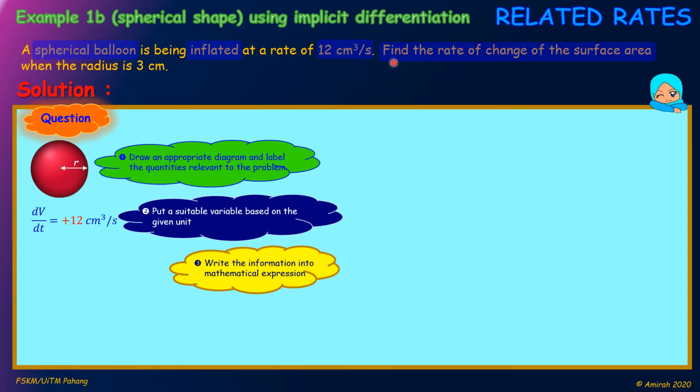So the question is find the rate of change. Rate here means based on time. Find the rate of change of the surface area, so we want to find surface area.